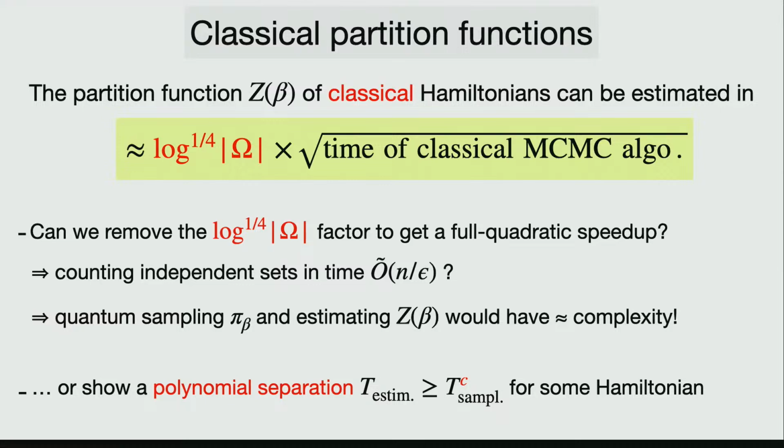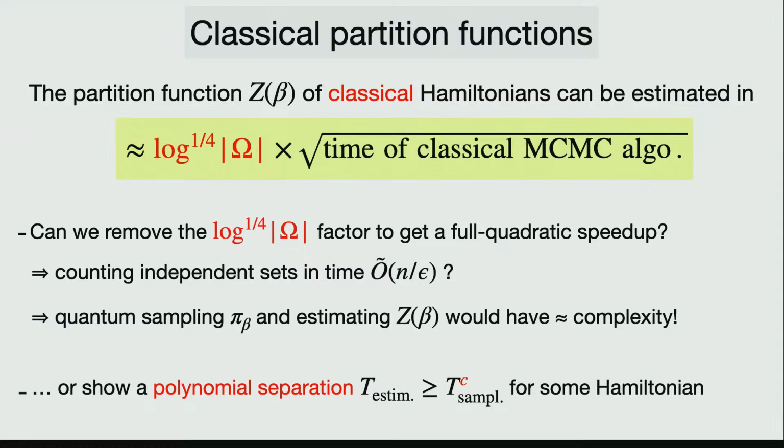A nice consequence would be that in many cases, sampling and estimating partition functions would have the same complexity. And maybe not, and in that case, can we find a polynomial separation between the estimation task and the sampling task for some concrete Hamiltonian?